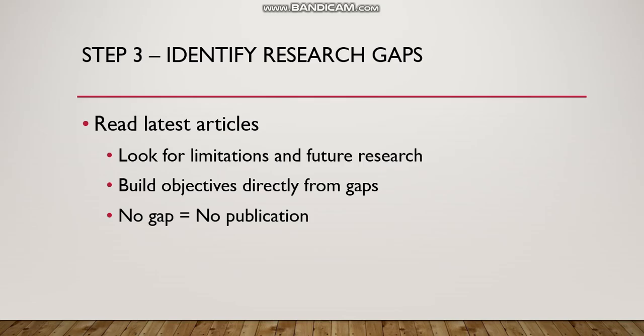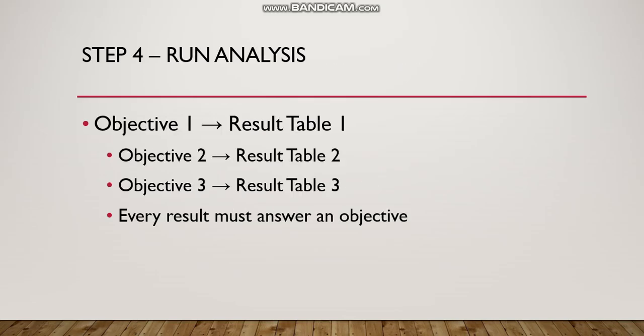Okay, so now let's proceed to the next step. After we have identified the gaps and obtained our objectives from the gap, we now run our analysis. The output of our analysis should answer our objectives. So if you have objective one, you should have a table under your results section that answers objective one.